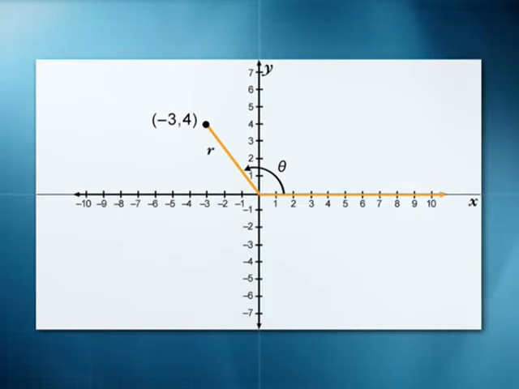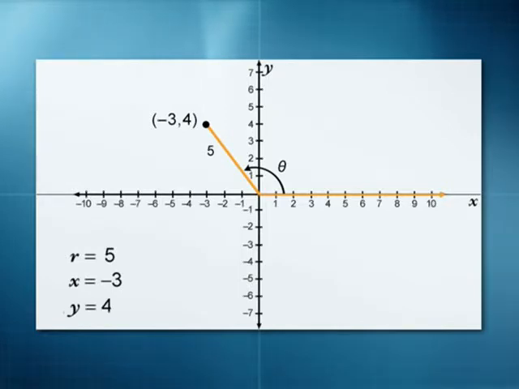And the coordinates are -3, 4, and you can sort of see that the distance r back to the origin is going to be 5. -3 squared plus 4 squared adds up to 9 plus 16 or 25, and you square root it, you get 5.